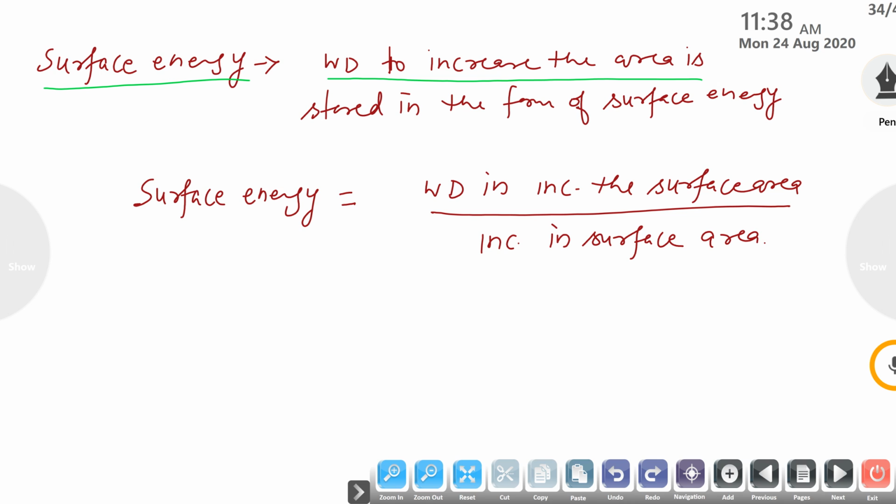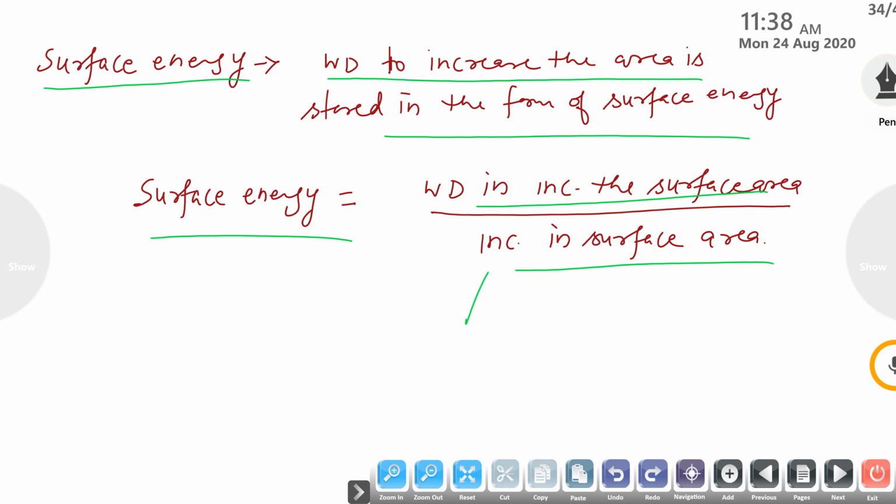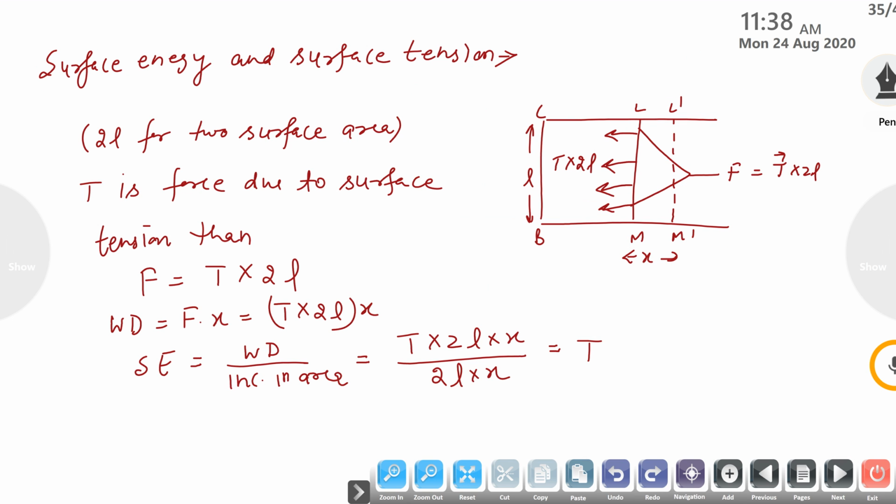It is given by the work done to increase the surface area divided by the increase in surface area. So to find the surface energy, simply divide the work done to increase the surface area by the increase in surface area. Remember, this is the increase in surface area.